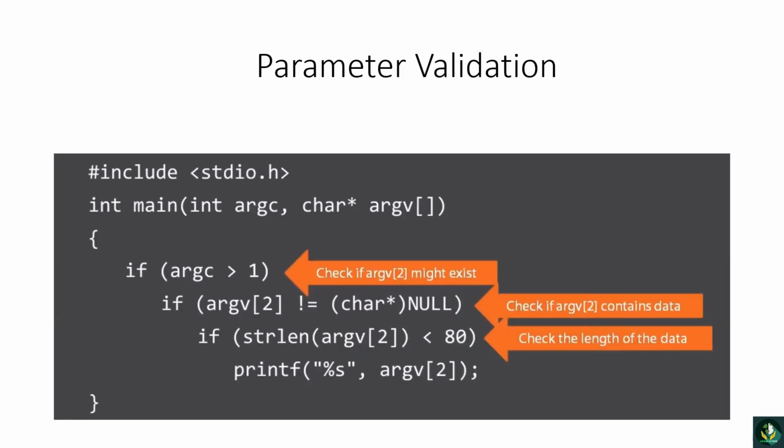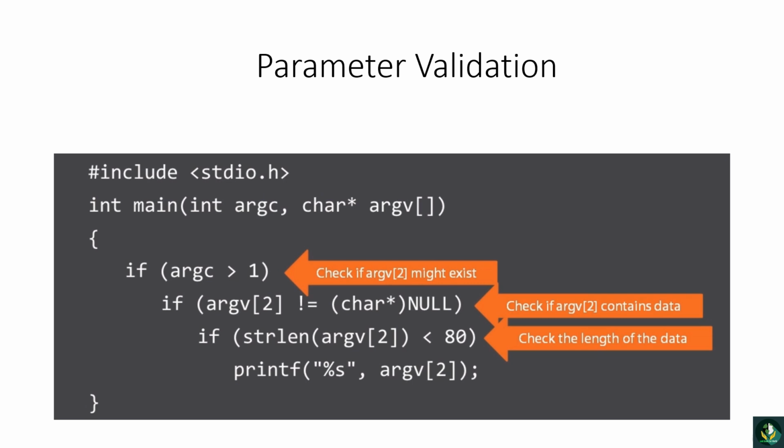Now parameter validation. Input validation performed at the start of a function is called parameter validation. This is because data is passed to a function in the form of function parameters. In this code example we can see a tiny C program that contains two function parameters, argc and argv.